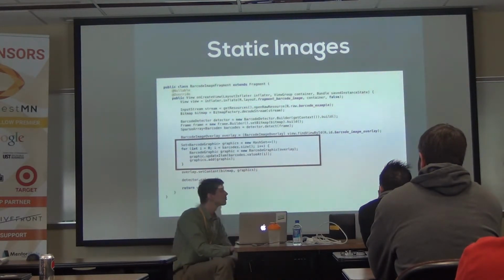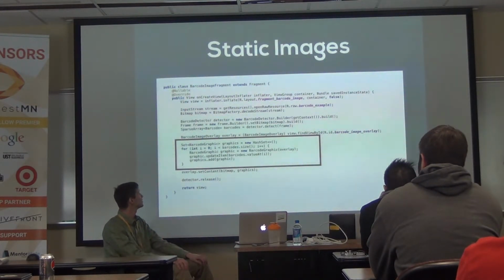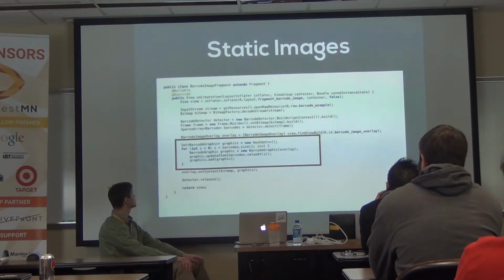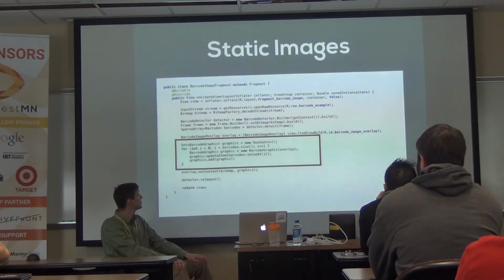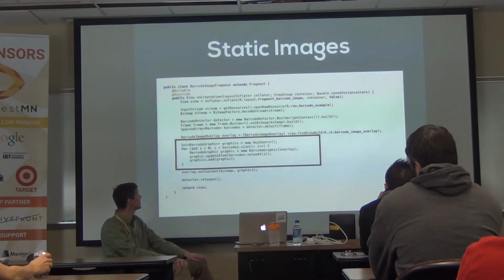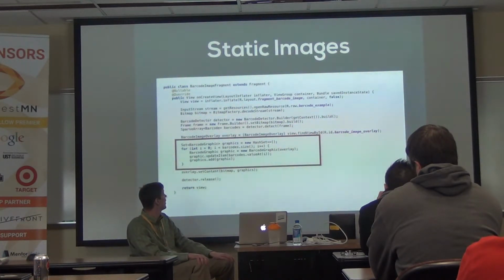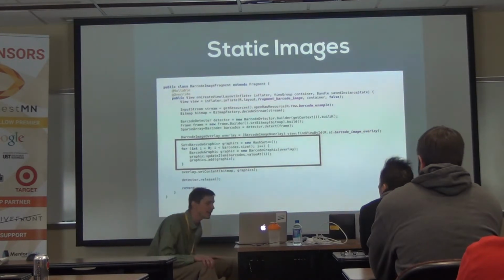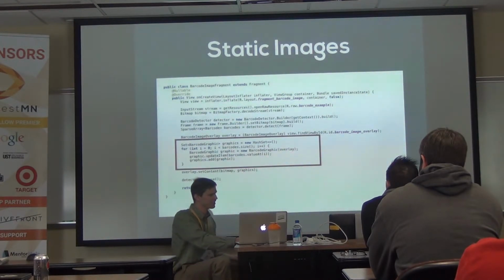So now that we have those barcodes, we can manually create the graphics that the tracker was doing before. We just iterate through that array of barcodes. We create the barcode graphic, sending in the overlay that we had before. And then we manually call update item with the barcode that we just found. Something different for this overlay is that we need to call set content.